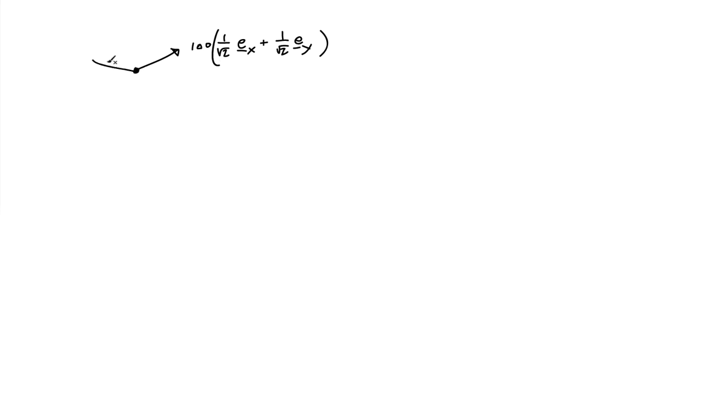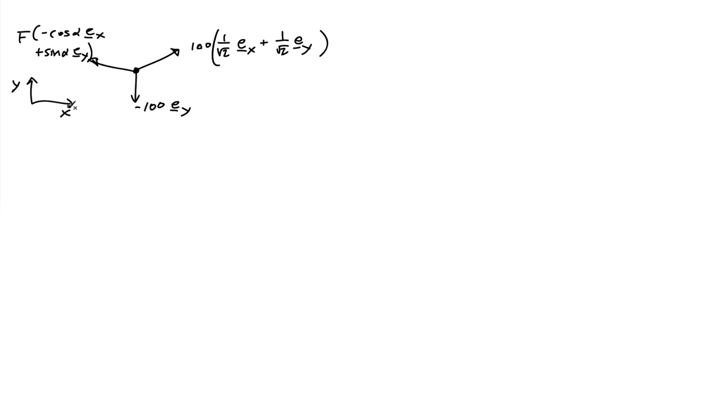We have our other force over here, F, and this one is acting at minus cosine alpha ex plus sine alpha ey. And then we have the downward force, which we can write as minus 100 ey. Throughout, I've made the tacit assumption that my coordinates are oriented with x horizontal and y vertical.